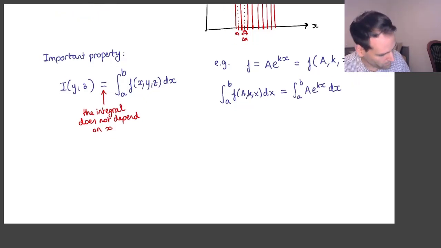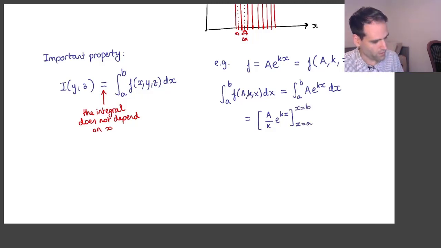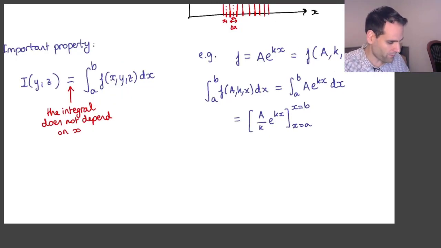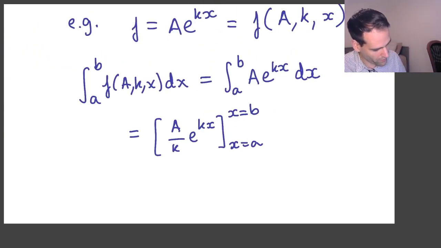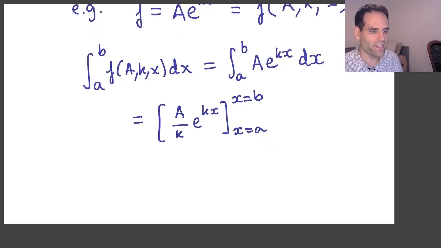So what's the result? The result is a divided by k times exponential of kx evaluated between x equals a and x equals b. And the evaluation now is the key. Because we are evaluating x equals b and then we subtract the evaluation x equals a, we are getting rid of the x.